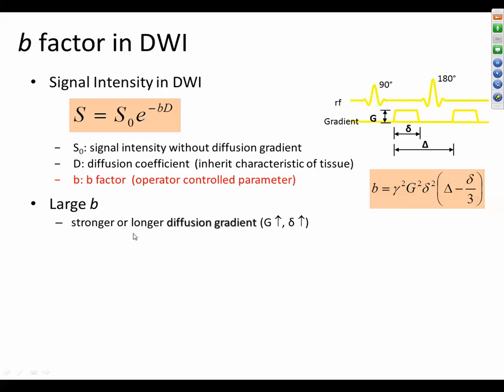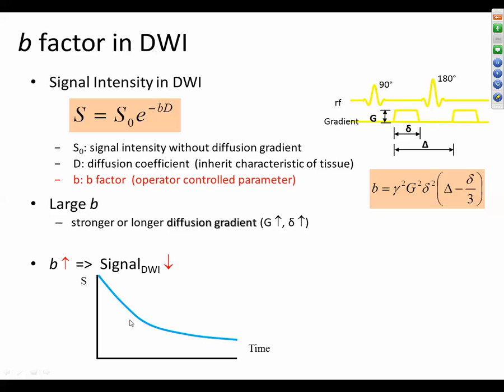The purpose of applying the diffusion gradient is to let the signal dephase and decay. So if the gradient is stronger or the B is larger, then the signal decay will be greater. A larger B will lead to a greater decay in the signal intensity, like this.